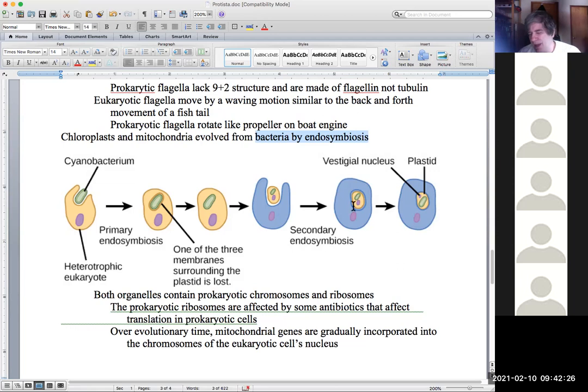And the evidence that we have for this is if we look at the chloroplasts in some of the groups of protists, there are more than 2 layers of membrane around the chloroplast. And in some of them, there's actually a little fraction of DNA, a tiny part of the nucleus that's left.